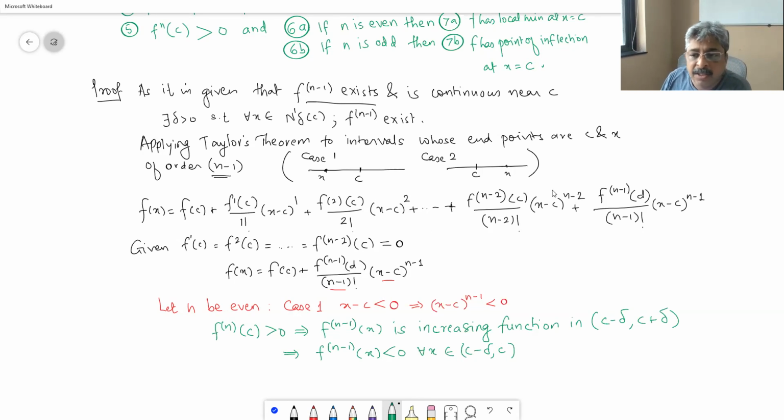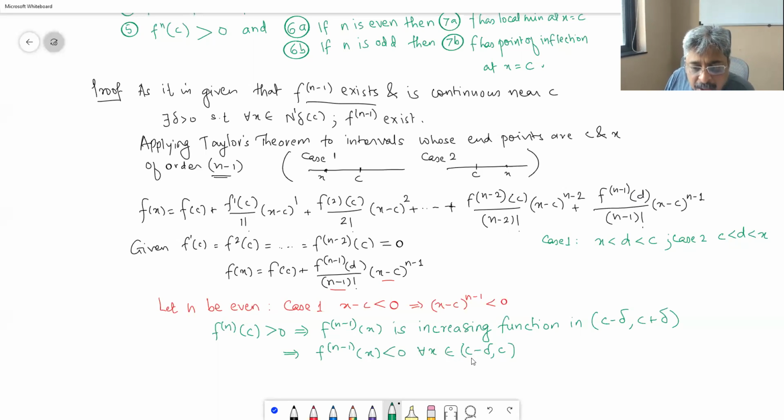Now here, where we have taken d, we should write that d is between c and x. Case 1: x is less than d is less than c. Case 2: c is less than d is less than x. Okay, this is important, a correction.